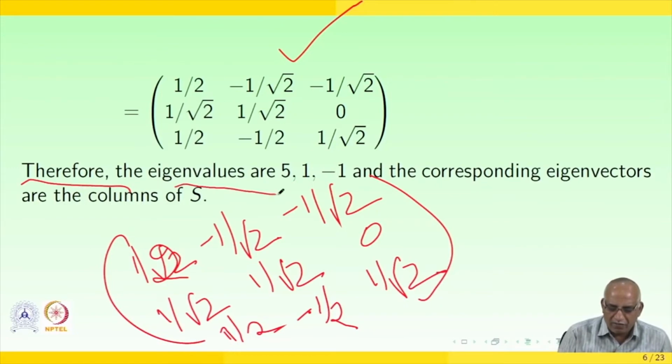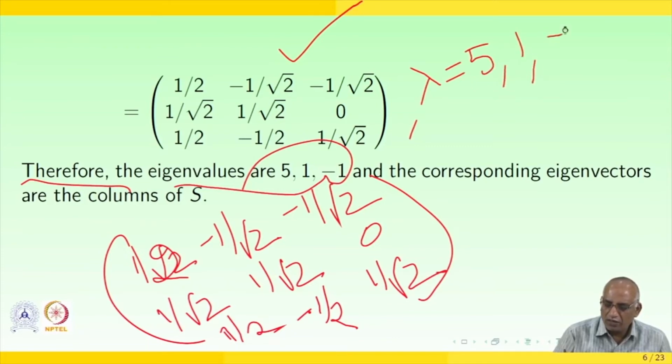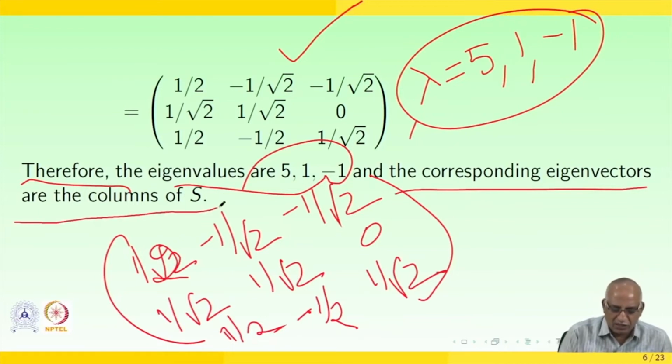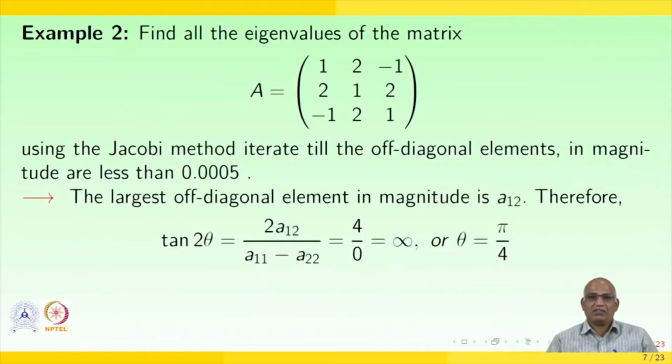Therefore, the eigenvalues are lambda equal to 5, 1, minus 1. And the corresponding eigenvectors are the columns of the matrix S.